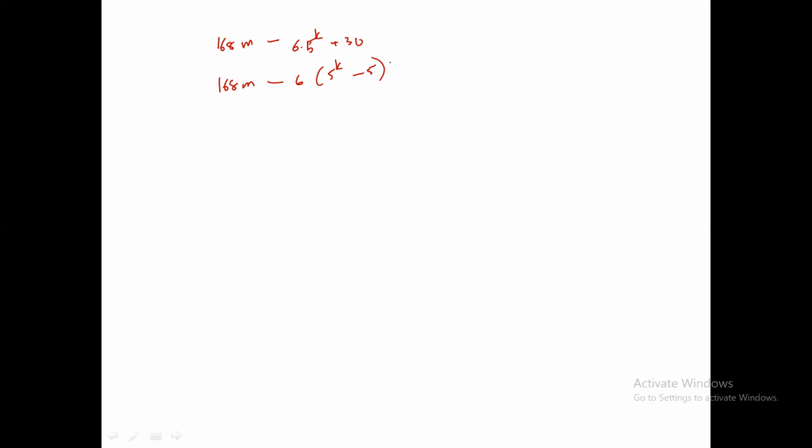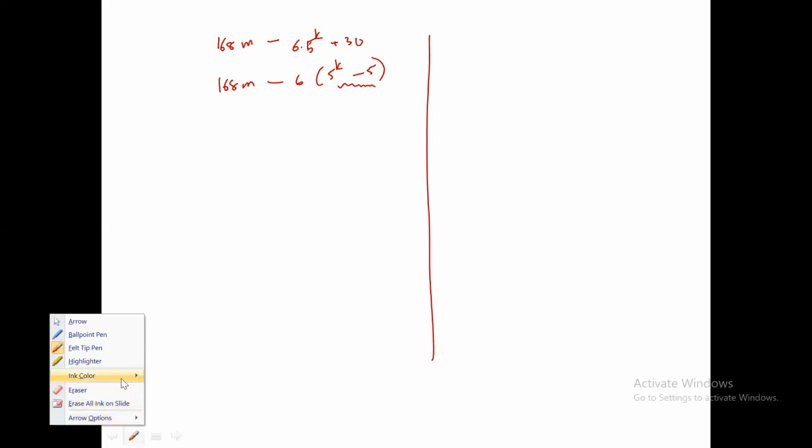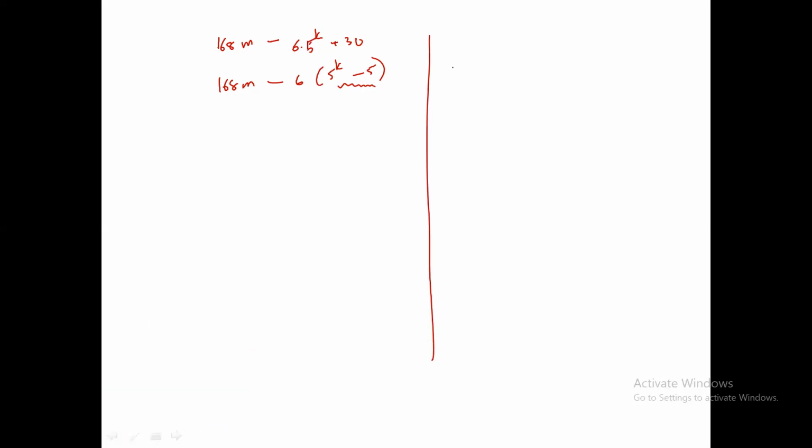Now, I will take 5 power k minus 5 separately. I have a new question. I have P of n a statement, 5 power n minus 5.